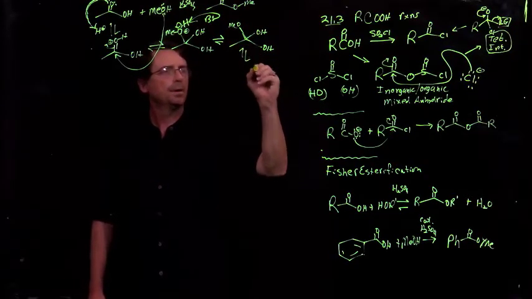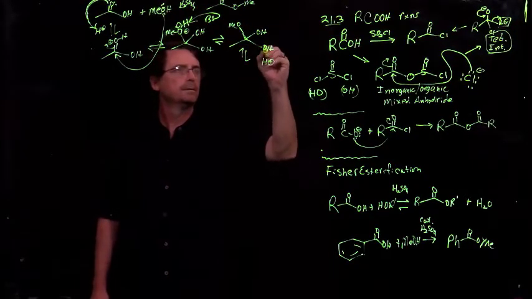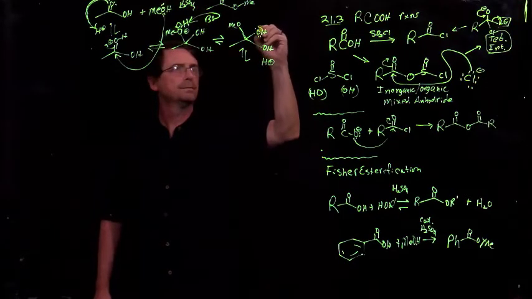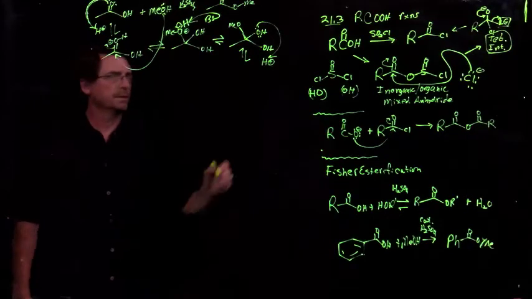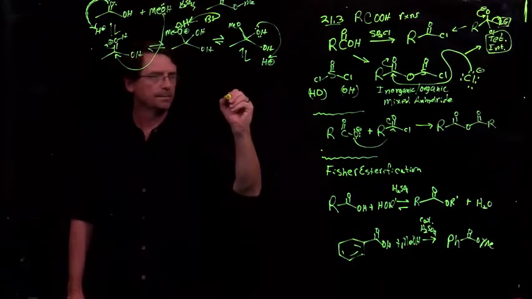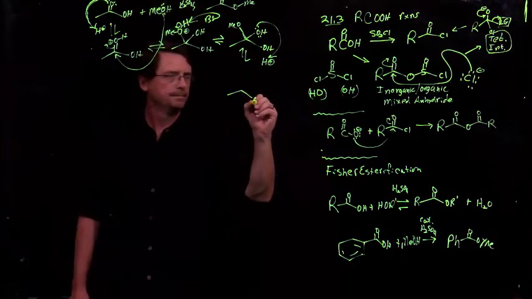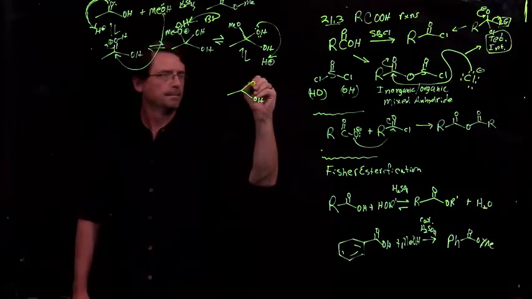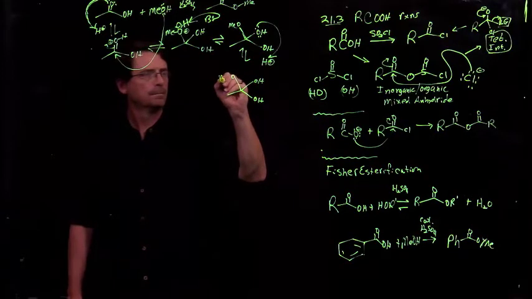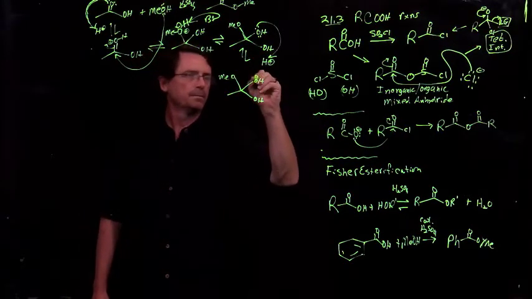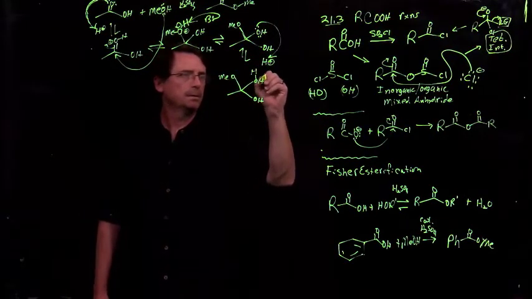And then we're going to put that proton back on at another position. It doesn't really matter which one of the waters or hydroxides that I add it to. So there's that proton.